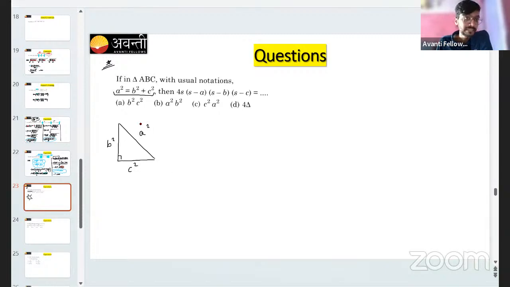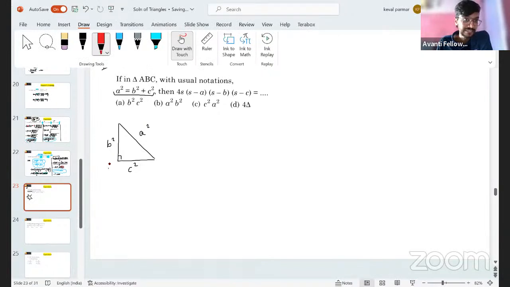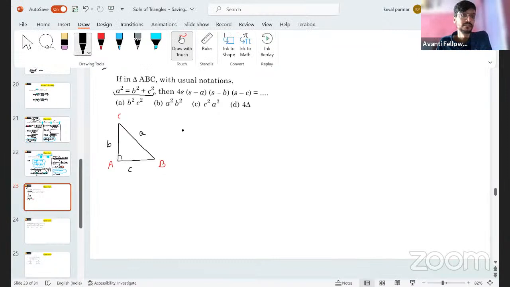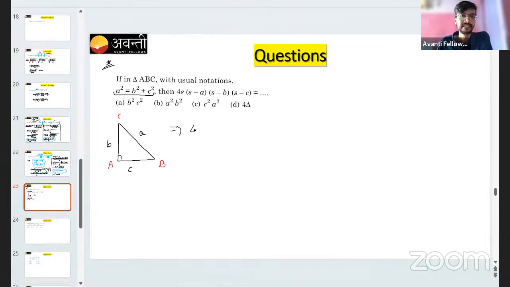And if this is a Pythagoras theorem, then this is angle A, because angle opposite to side a is A. This is angle B. This is angle C. Sorry, here I'll get ABC. So that means this is a right angled triangle. Implies triangle ABC is a right angled triangle.